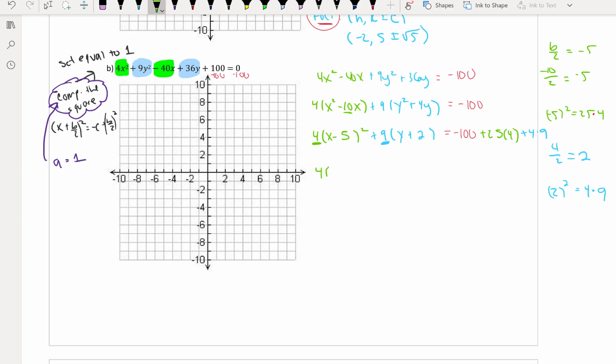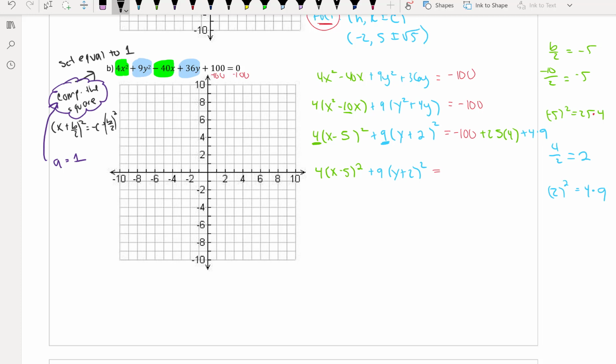I'm going to have 4 times (x minus 5) squared plus 9 times (y plus 2), oops, and I forgot the squared up there, equal to, and now I'm going to put this all into play.